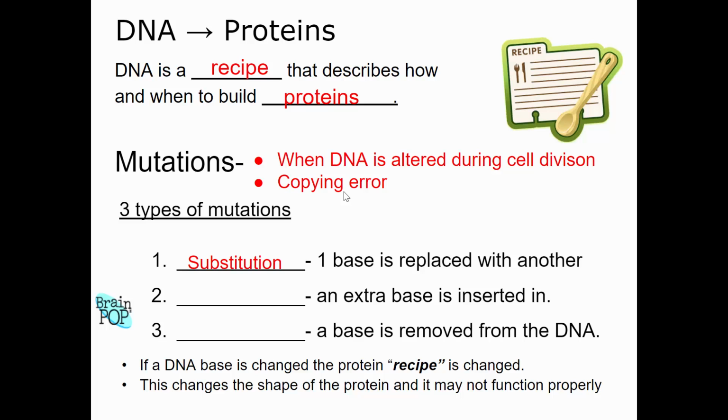Other times, a letter gets inserted. That's called an insertion mutation. Sometimes a base gets removed. Removal, deletion. Yes, this is a deletion. And if you change one of the bases, you change the protein.